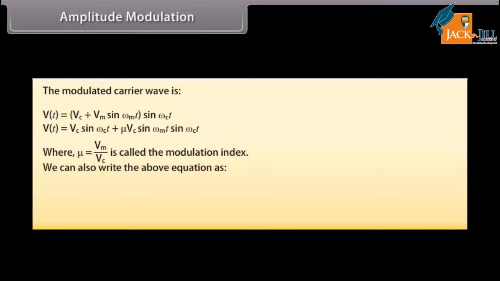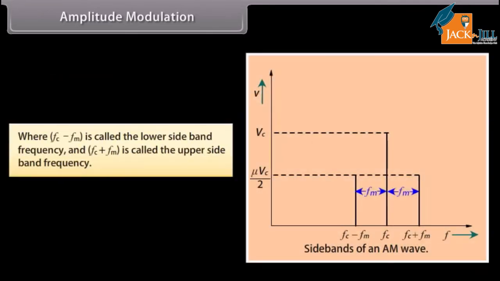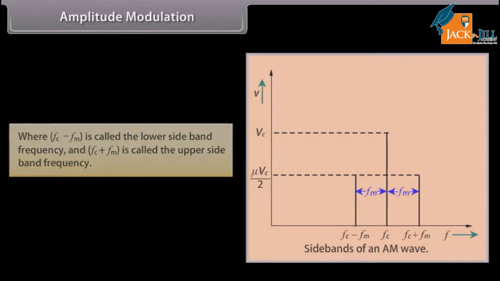We can also write the above equation in another form. Here, fc minus fm is called the lower sideband frequency and fc plus fm is called the upper sideband frequency.